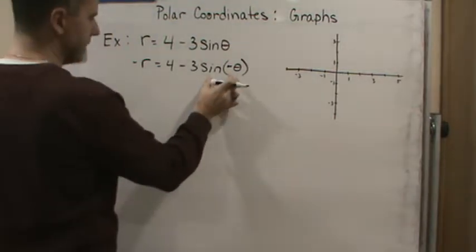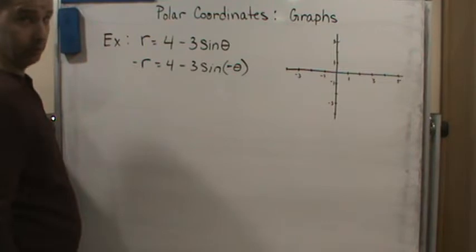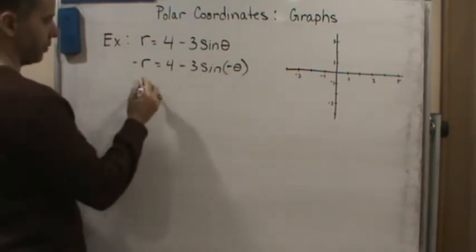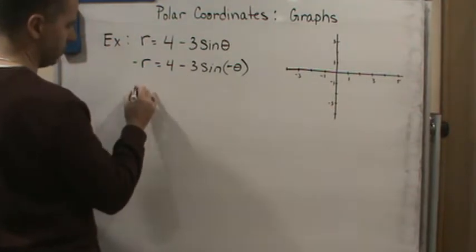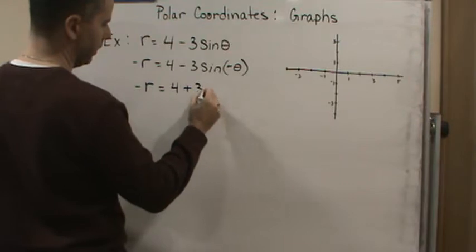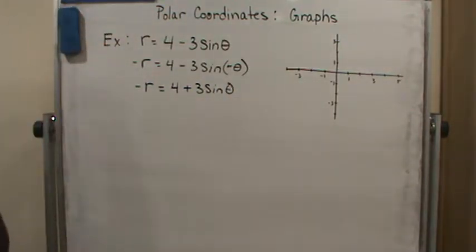Now, because this is an odd function, we're going to get the opposite of sine theta. So that means this is going to turn to a plus. So negative r equals 4 plus 3 sine theta. Now that does not get me back to the original equation.